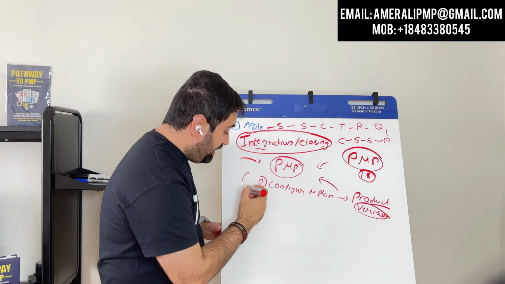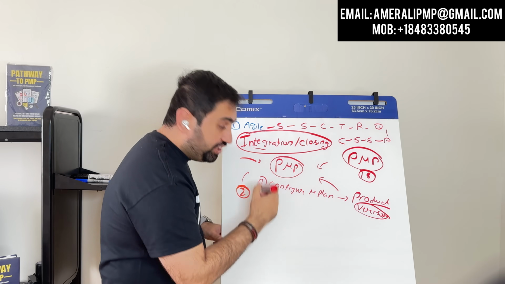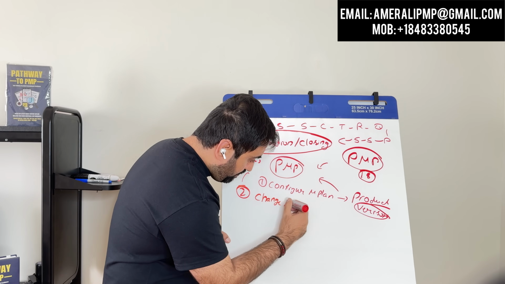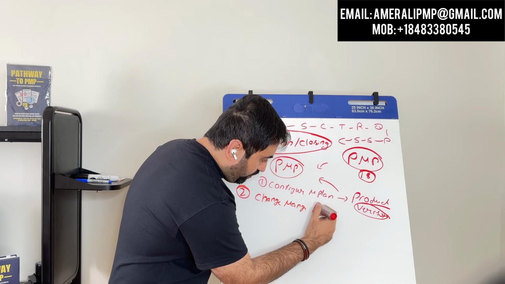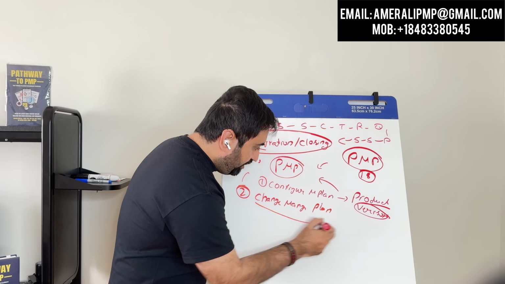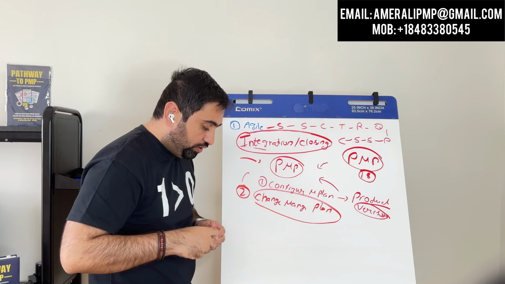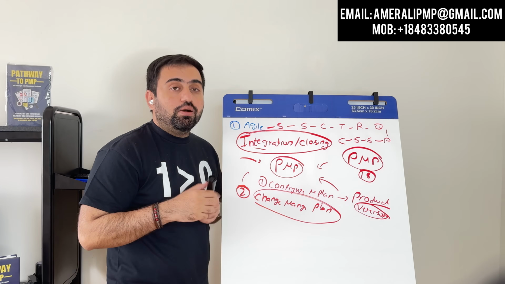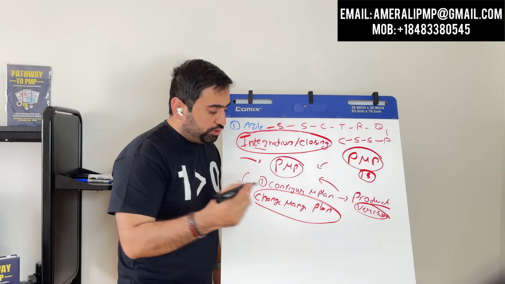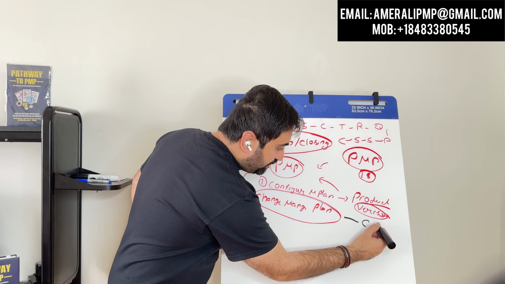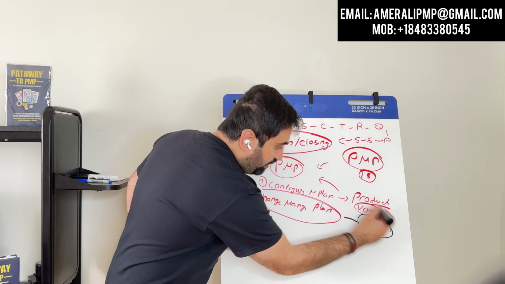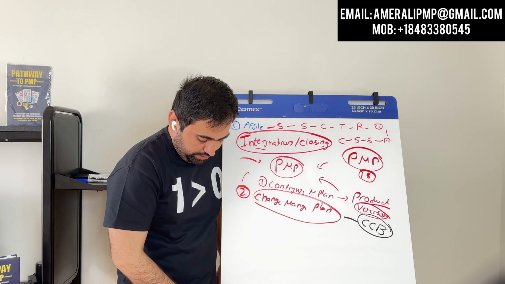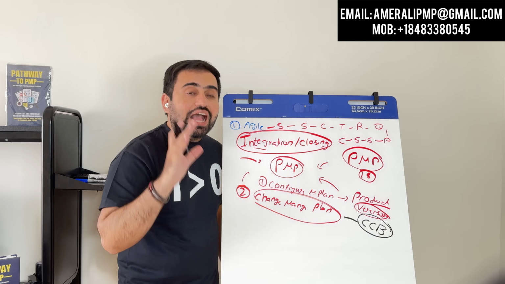Anything that changes our project, we have a change management plan to handle it. So the change management plan talks about how the changes in the project will be handled, managed, approved. We have a change control procedure, and of course the sponsor as head of the change control board will approve any of the changes.